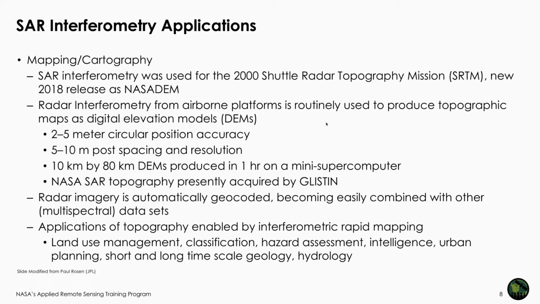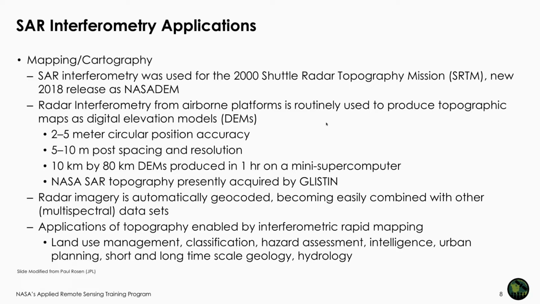So just to give you a rough idea of what the main applications of SAR interferometry are, the first application that you may have heard about is that SAR interferometry was used to map the Earth's topography in the year 2000 on the Shuttle Radar Topography Mission, which used the space shuttle and a big radar antenna on a boom to measure the Earth's topography by taking two radar images simultaneously from positions that were 60 meters apart.